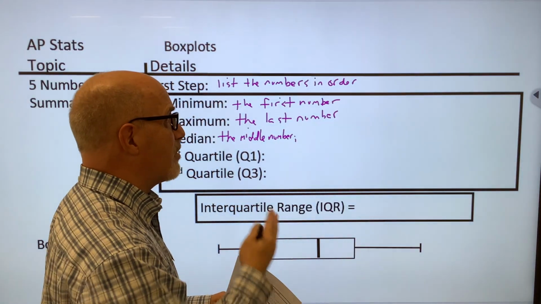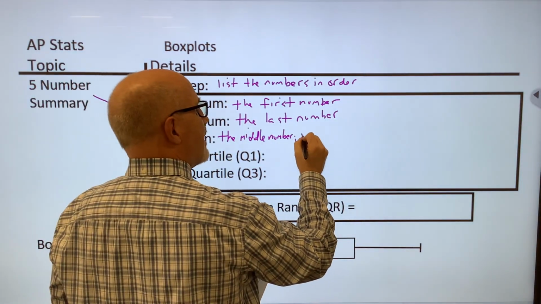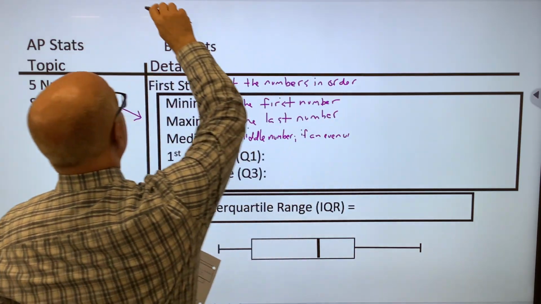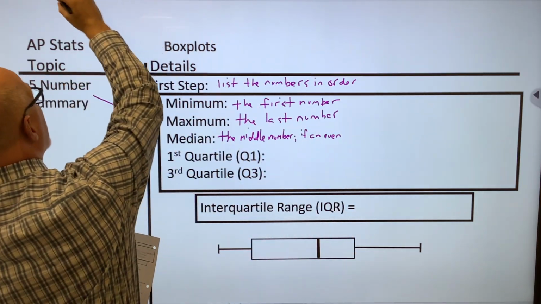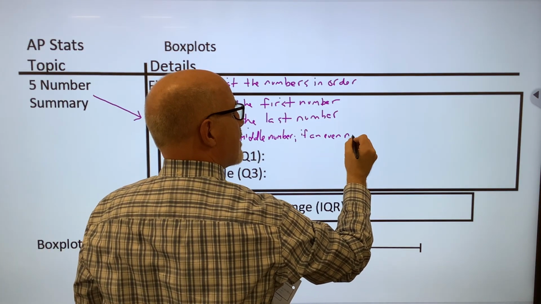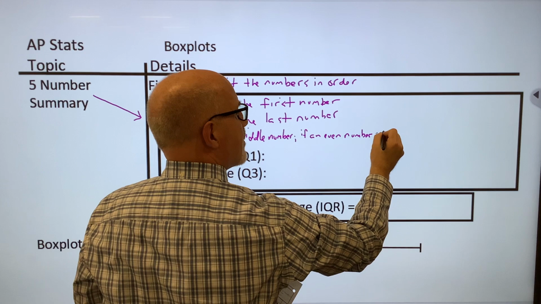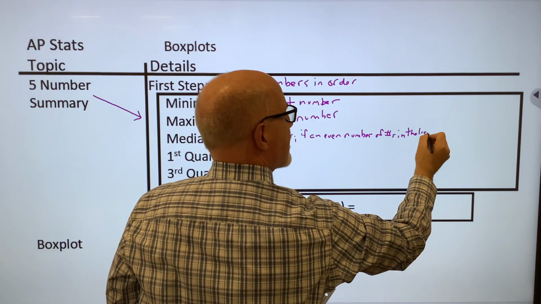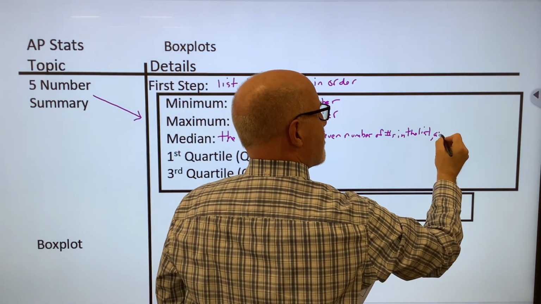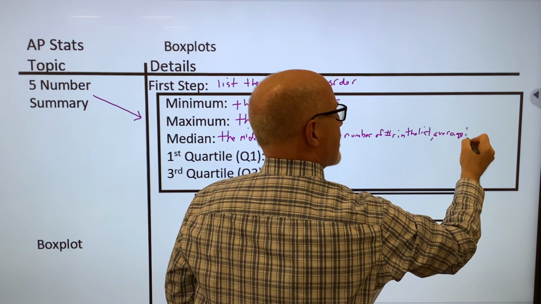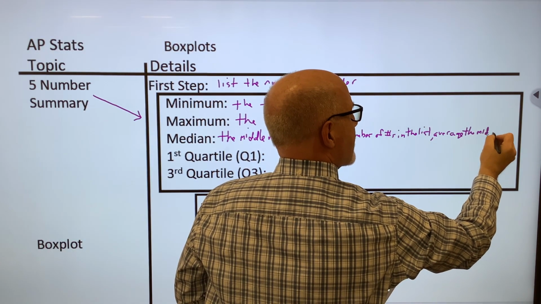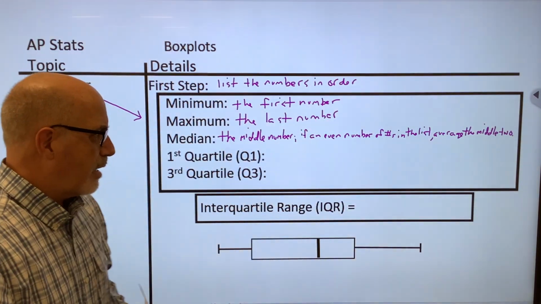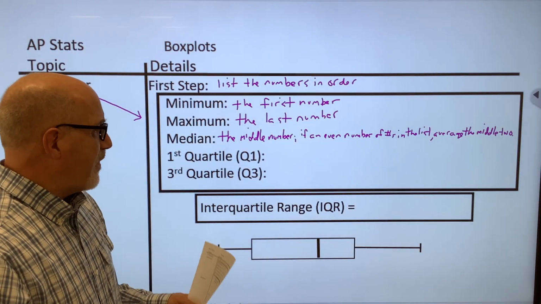But if there's an even number of numbers in your list, you want to instead find the middle 2 numbers and average them. Average the middle 2.